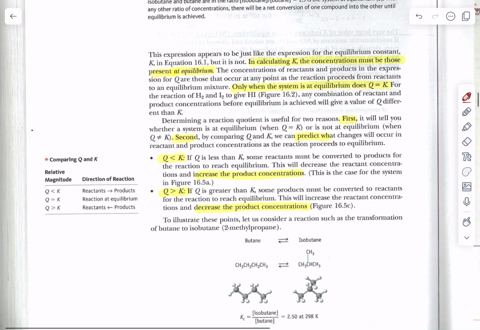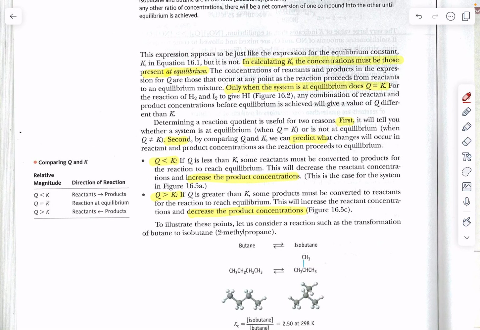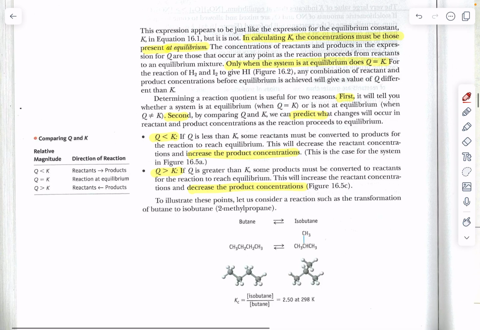So if we're calculating the value of K, we have to assume that the molarities we're given in the problem are indeed the molarities at equilibrium, or the molarities in the last row on the ICE chart. If we don't know if the molarities are at equilibrium, or we're not told ahead of time that this reaction is at equilibrium, then we have to assume that it's not, and we're going to calculate the value of Q, and then we compare.